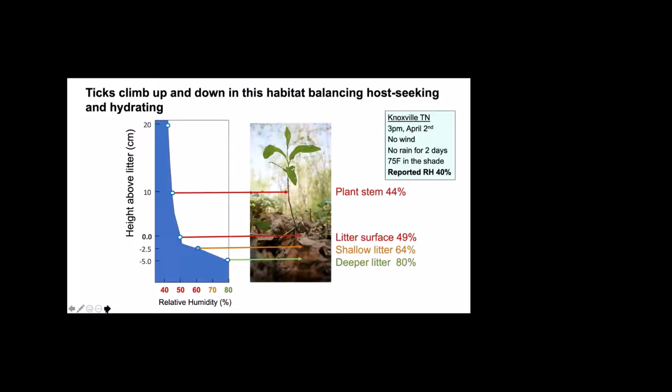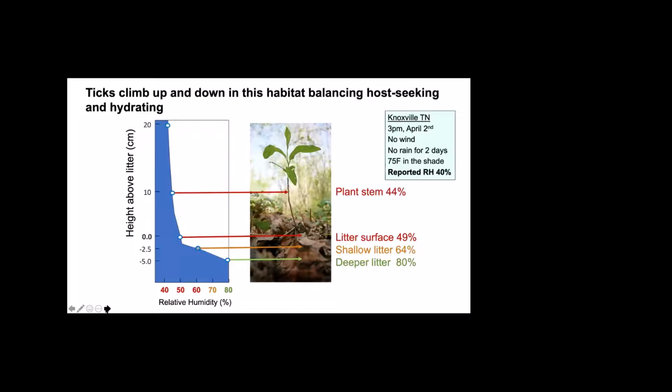And so there's definitely this interplay, this trade-off of being above where it's not humid, to then having to go back down into leaf litter to rehydrate, but yet not being able to find a host. I'm not really sure if that's true, and in part, I think it's because there are plenty of hosts that could be below the leaf litter.